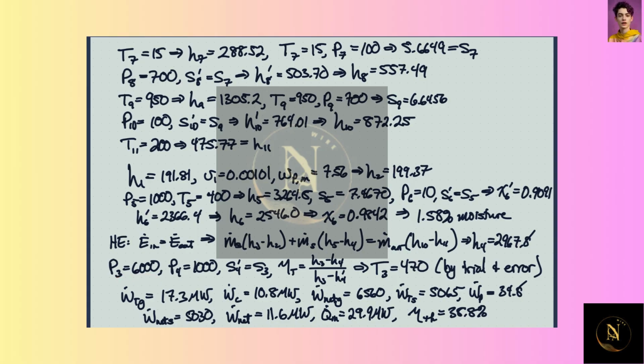We don't have the temperature at 4, but we know in the isentropic case that the enthalpy at 4 is the same as the enthalpy at 3. And we also know the equation for the efficiency in the turbine, the thermal efficiency, and we know this value. So what we don't know is H4, H4s or H4.